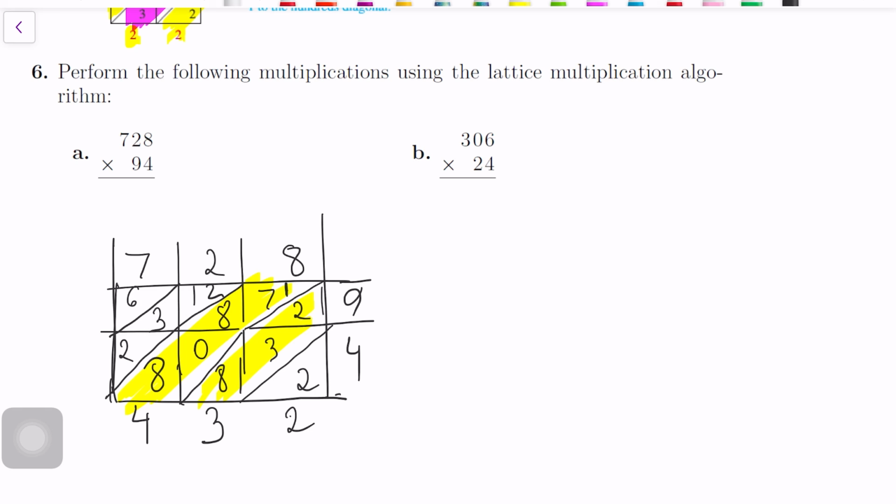And then now I have 3, 6, 8, so I put that here, and this 6. So 728 times 94, the answer is 68,432. And you have it. Okay.